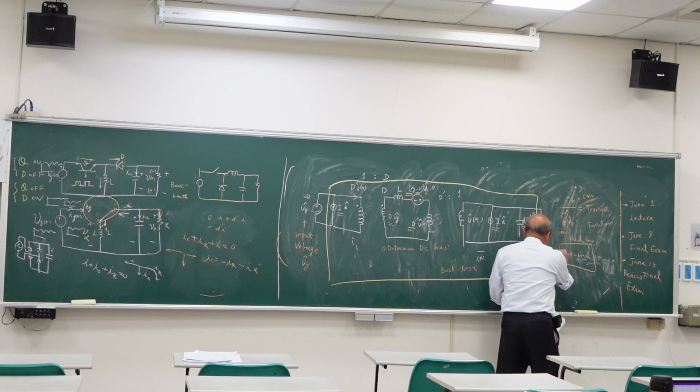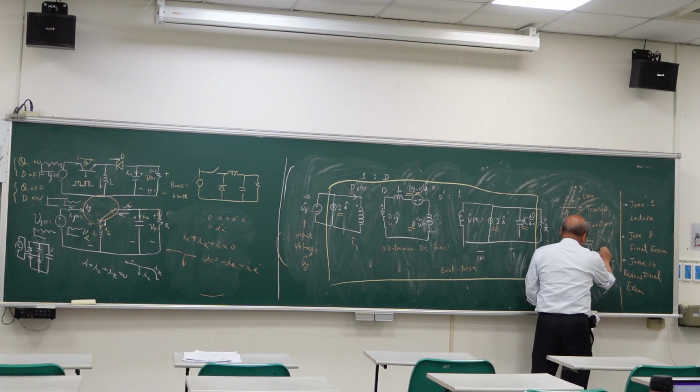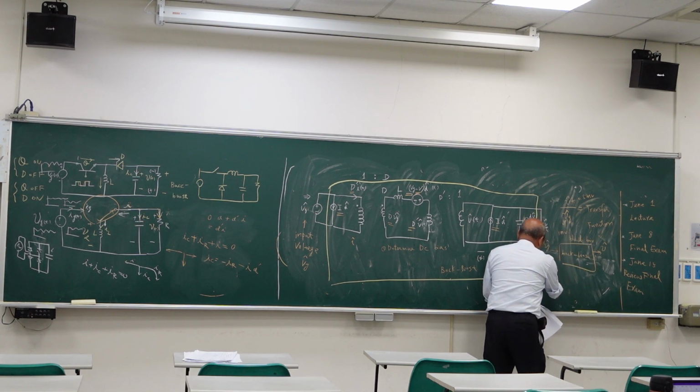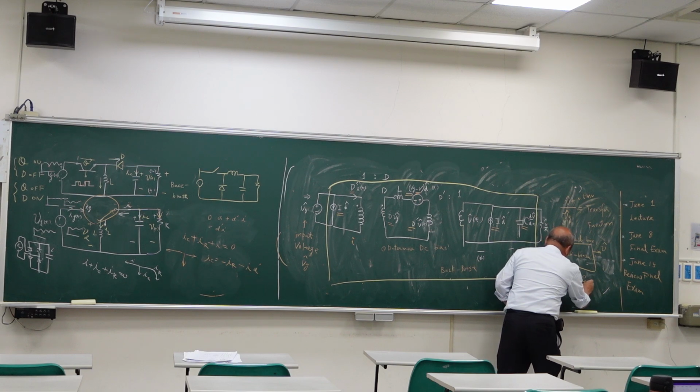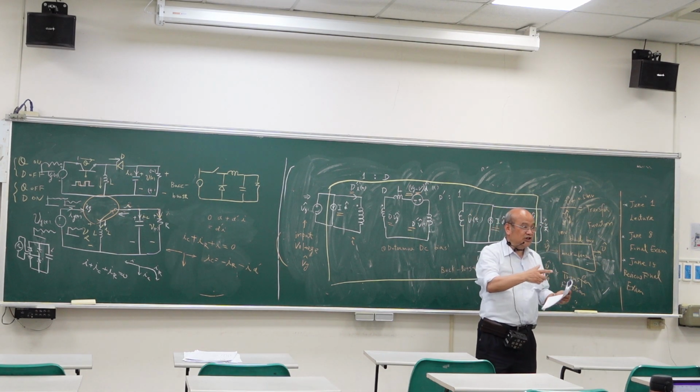So what is input? Vg hat. What is output? V hat. What is the relationship? V hat divided by Vg hat. We call this transfer function. So transfer function is related to what? DC bias.